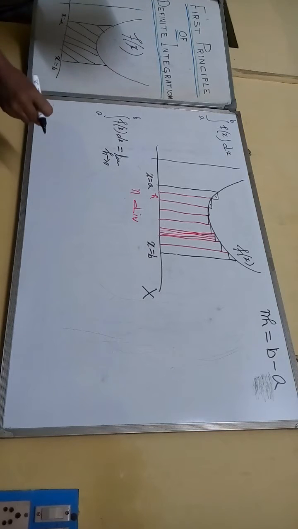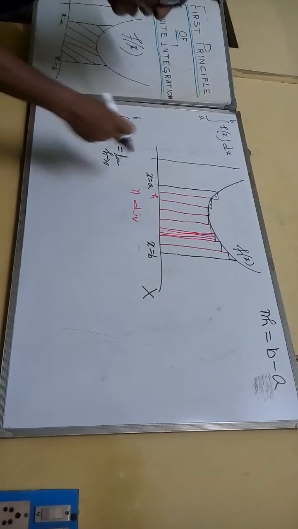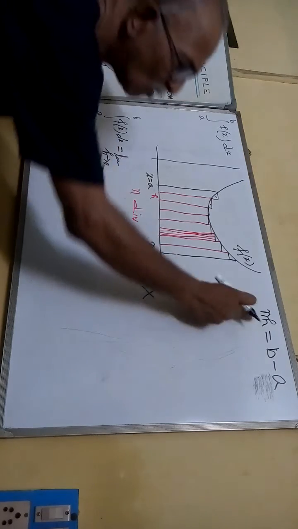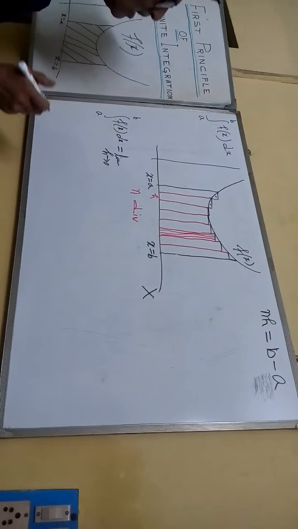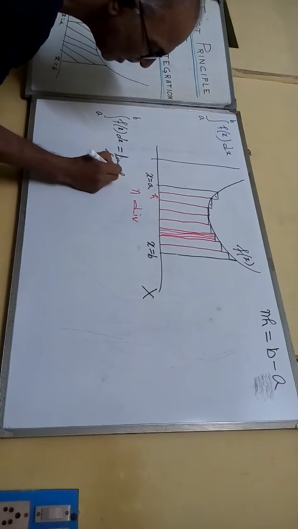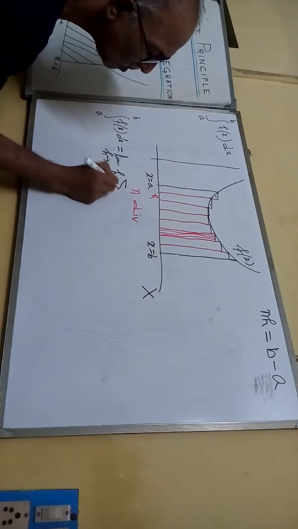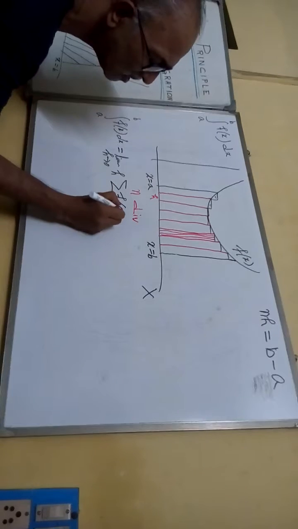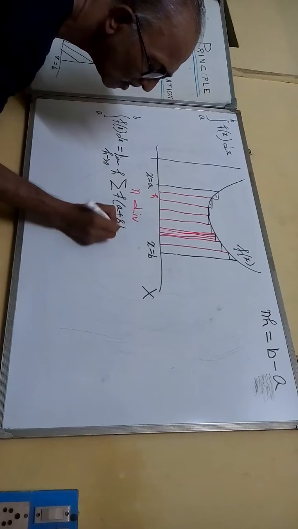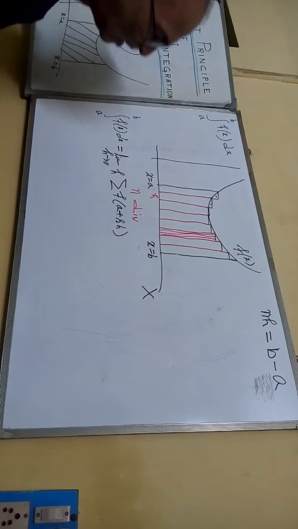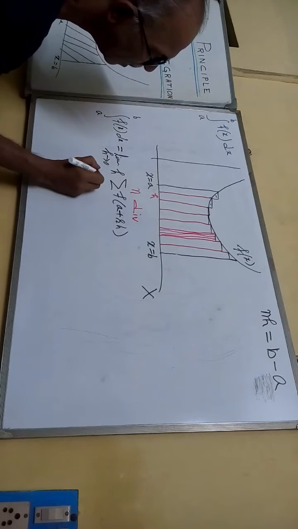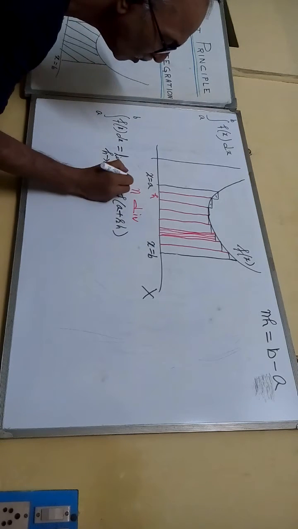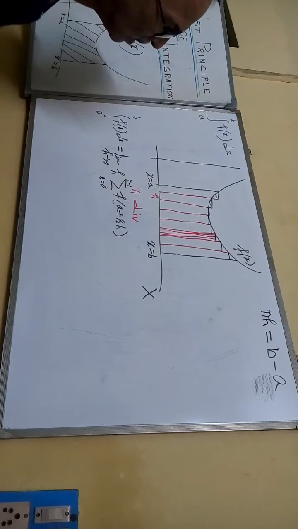If h tends to 0, then n tends to infinity, and nh equals b minus a. Then using h into the summation of f(a plus rh), where r is from 0 to n minus 1.